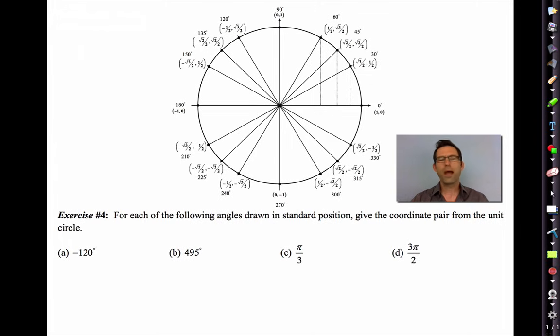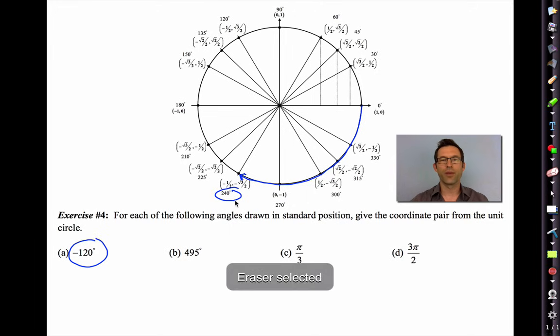All right, but how about negative 120 degrees? If I drew that in, right, negative 120 degrees would be coterminal with positive 240 degrees. Think about that.